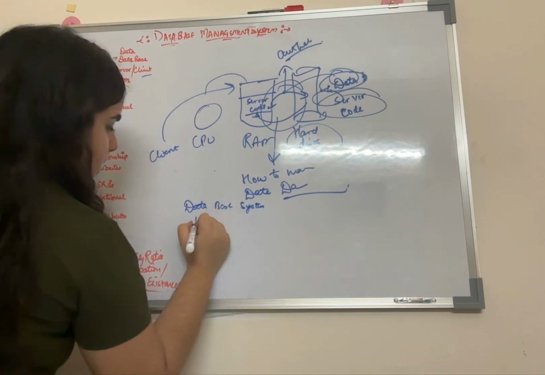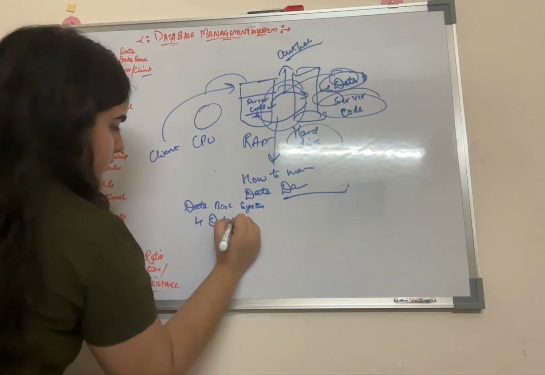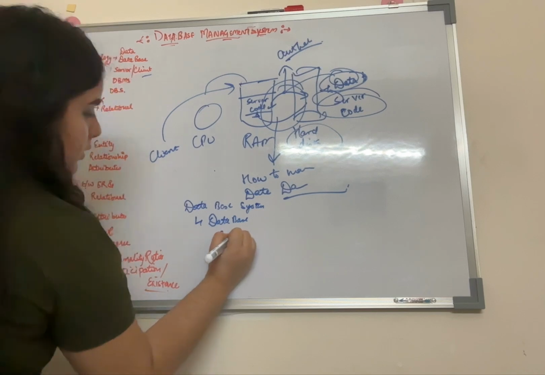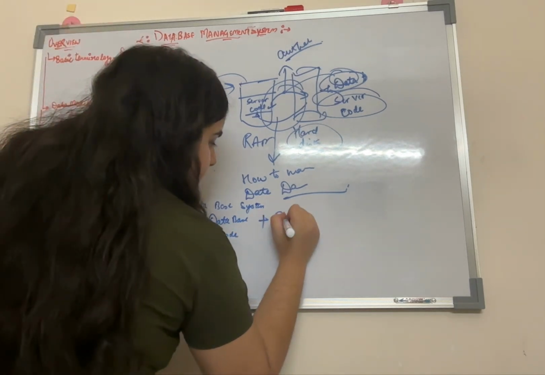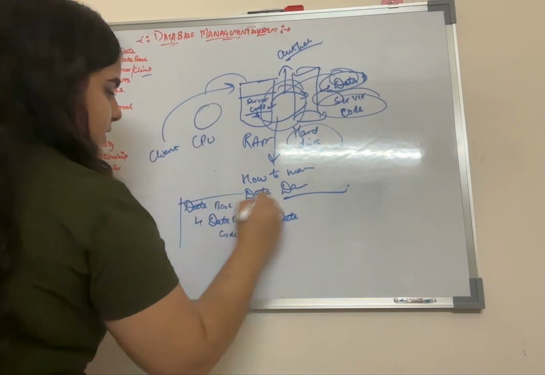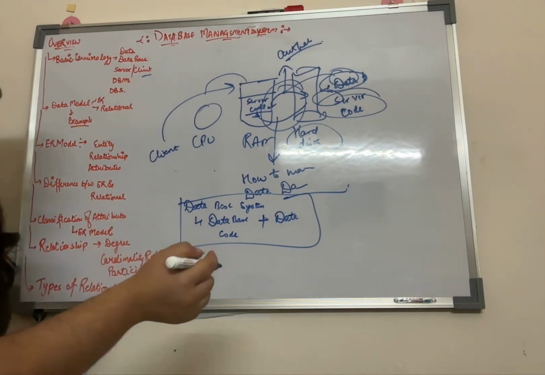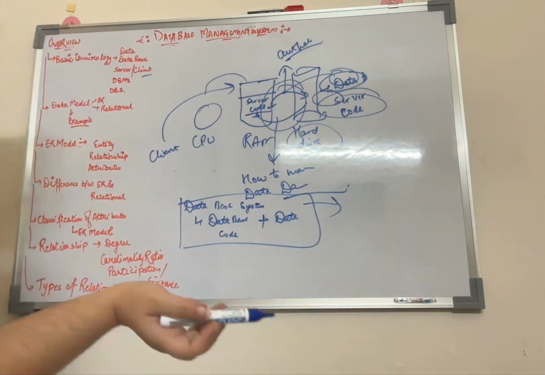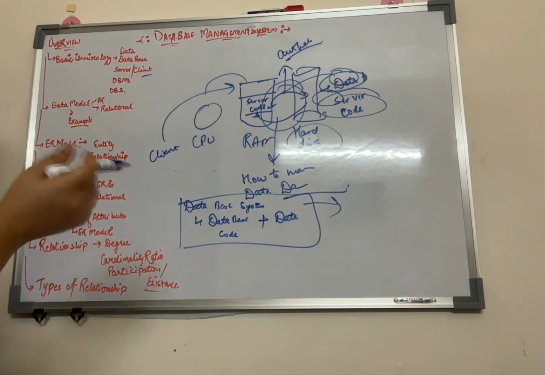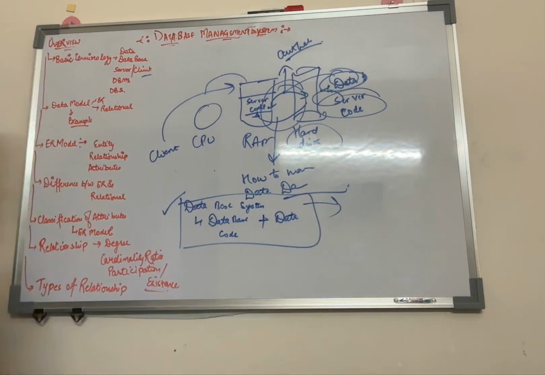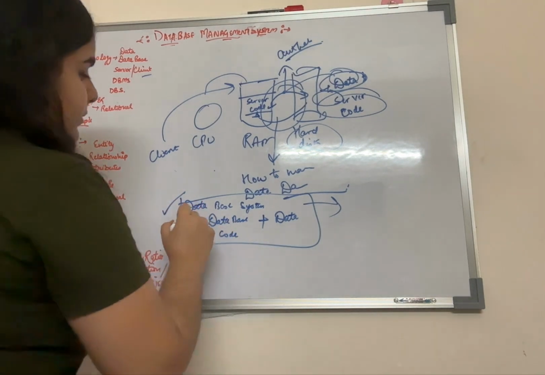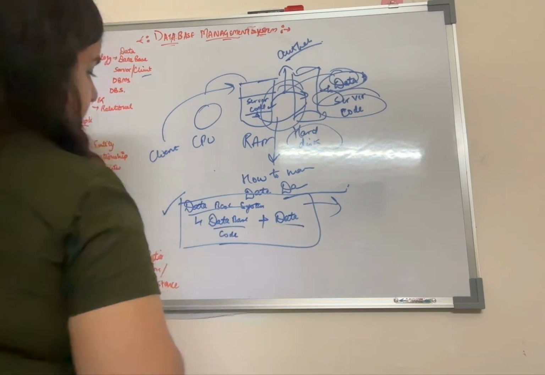This is nothing but your database code plus the data that you are using. Just keep this term in mind. You won't need it in coding, I mean, for practical purposes, but you might have to go through these kinds of questions in interviews. So just keep this in mind. Database system is nothing but database code plus data.